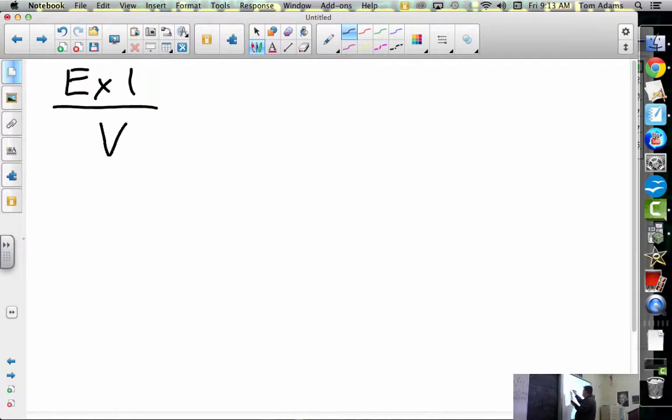So we have the volume of a sphere is equal to 4/3 pi r cubed. And so this is not that hard. They want us to differentiate with respect to time, right?